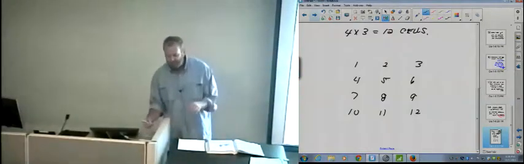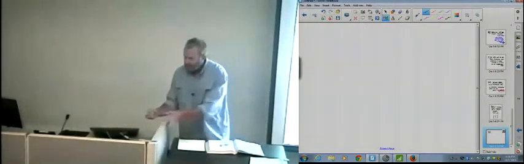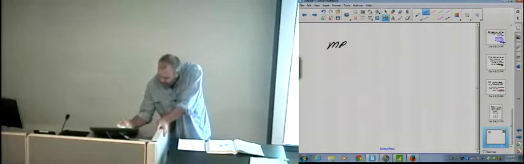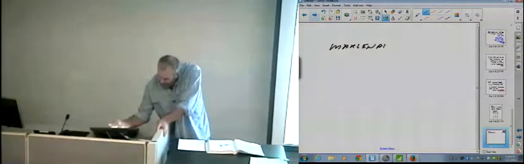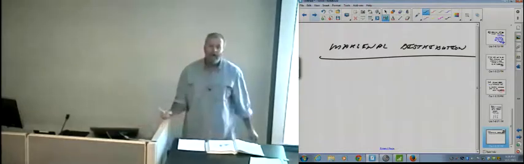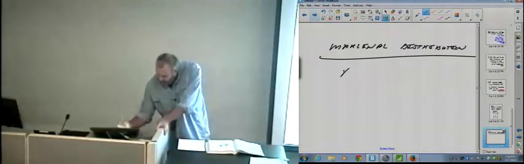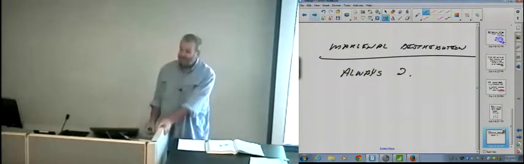So the first type of distribution that we can deal with when working with a two-way table is something called a marginal distribution. Now, any two-way table that you're looking at, there are always 2 of these.